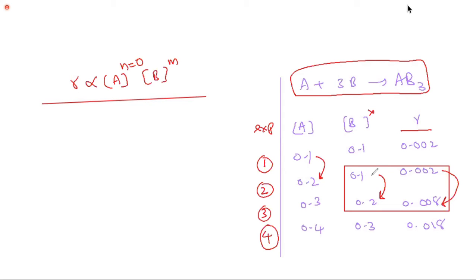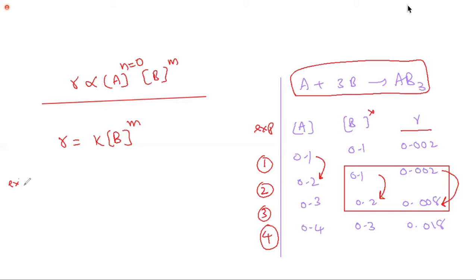When rate is changing, concentration is changing, affecting the rate of the reaction. Now we have to find the order of the reaction. How to find? Rate is equal to K into concentration of B power m, where m is the order.